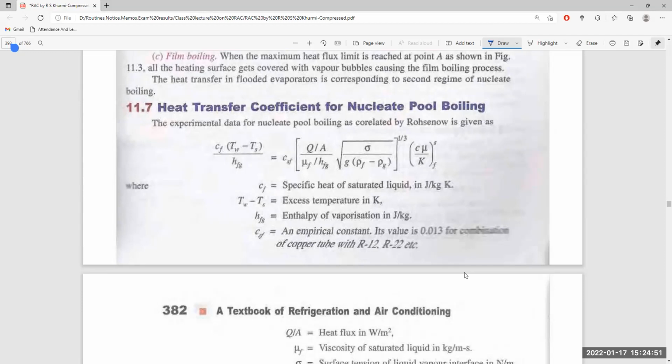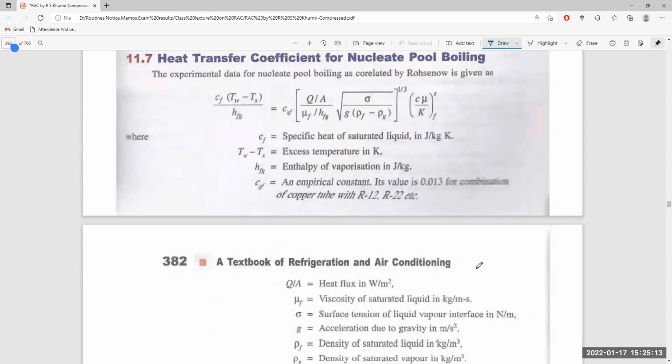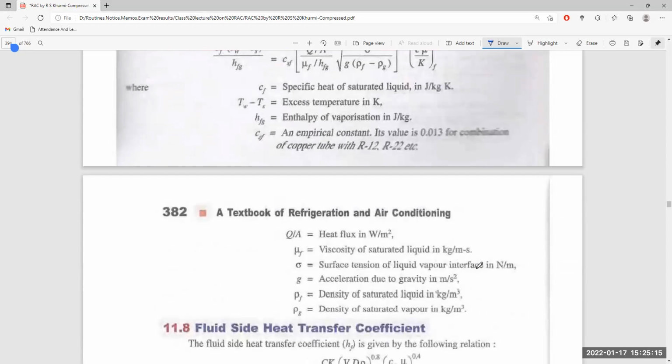Tw minus Ts is the excess temperature in Kelvin. hfg is the enthalpy of vaporization in kJ per kg. Csf is an empirical constant, with a value of 0.013 for the combination of water and copper tube. Q by A is the heat flux in watt per meter squared.